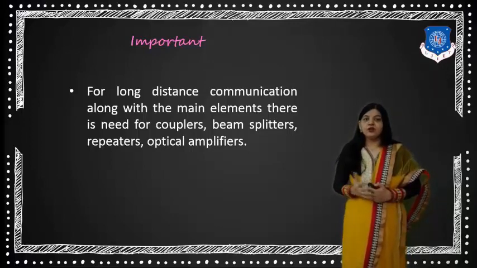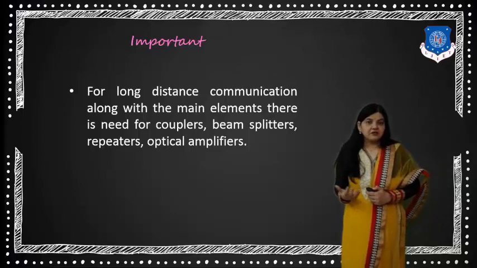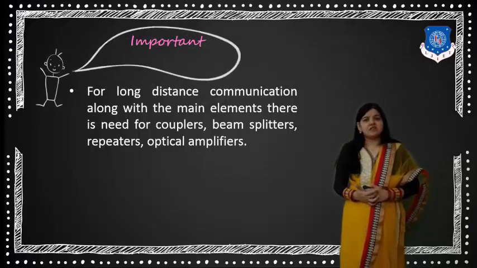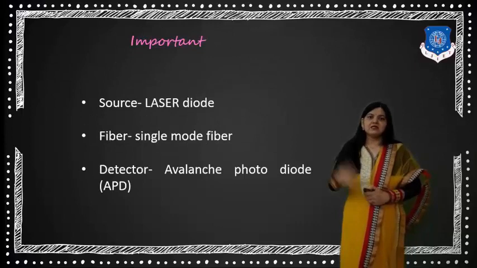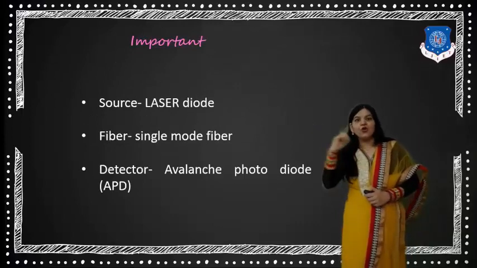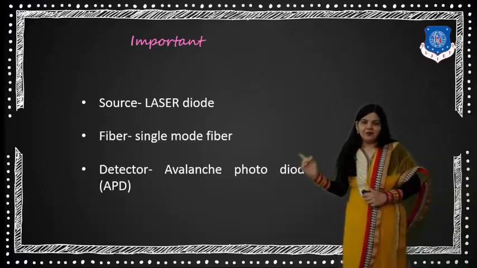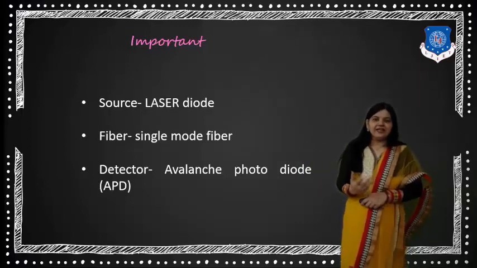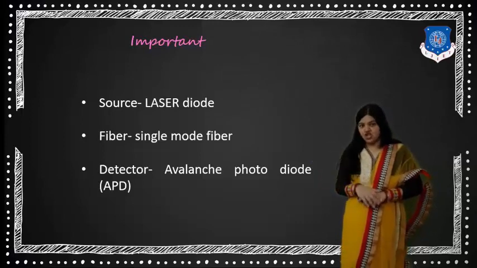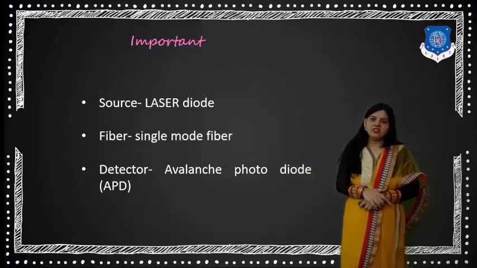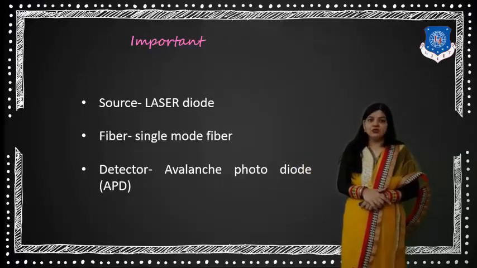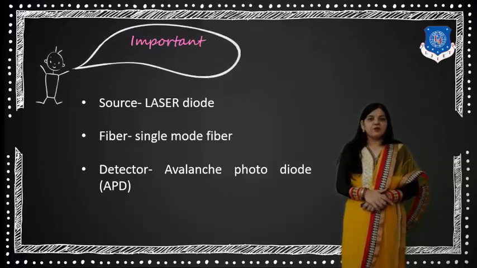We need to go for the beam splitter, repeaters and the optical amplifiers. These are all added elements in the case of long distance communication. For the source, instead of the LED, go for the laser diode. Instead of multi-mode, go for the single mode fiber, and the beam detector used in short distance is replaced in long distance by the avalanche photodiode, APD.